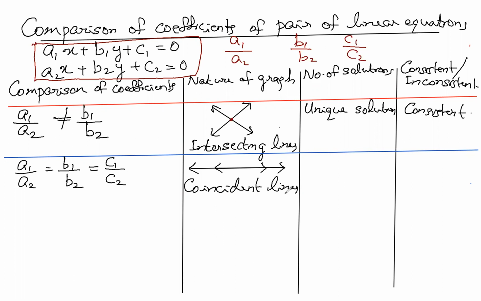And for coincident lines, how many points does it intersect? Hiba, can you say how many points it intersects or meets? Hiba, can you hear me? How many points it intersects?